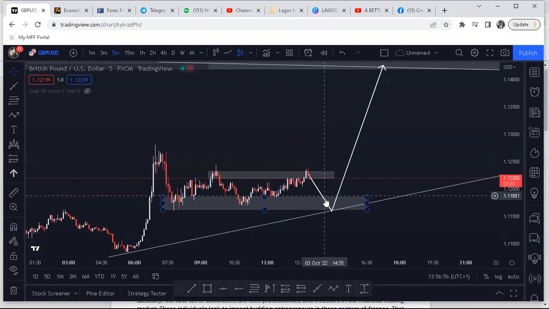Let me look at possible entry zone. Let's refine our entry.